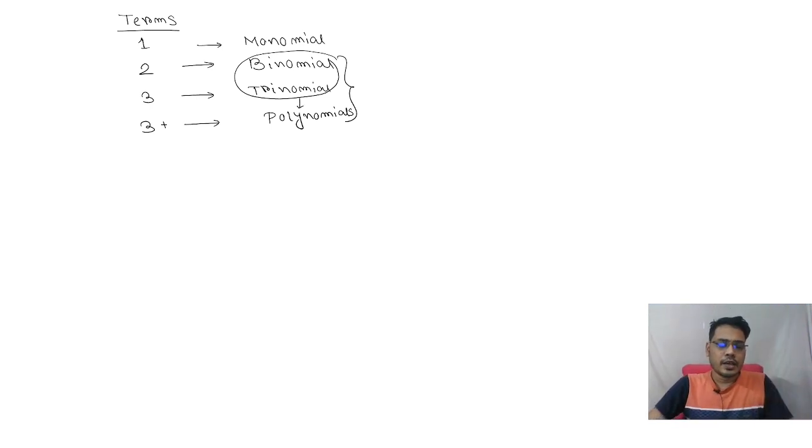So if there is one term it is called monomial, if there are two terms it is called binomial, if three terms trinomial, and more than 3 all comes under polynomials.